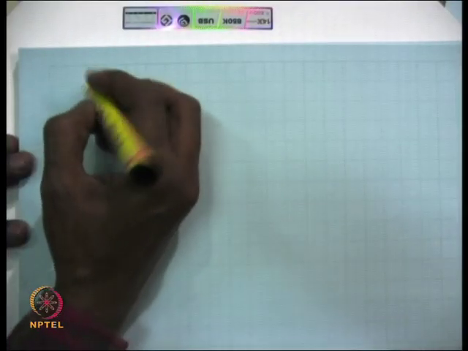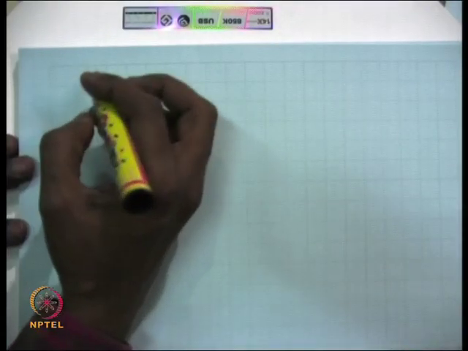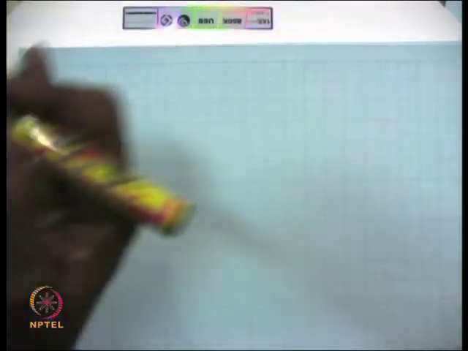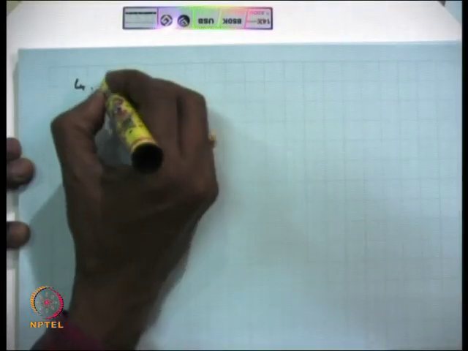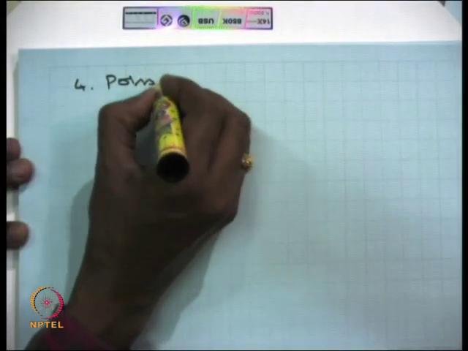So, other than the discrete standard distributions, we have discussed only the discrete uniform distribution. Then second we discussed the binomial distribution, then we discussed the geometric distribution. The fourth one, that is very important, is the Poisson distribution.